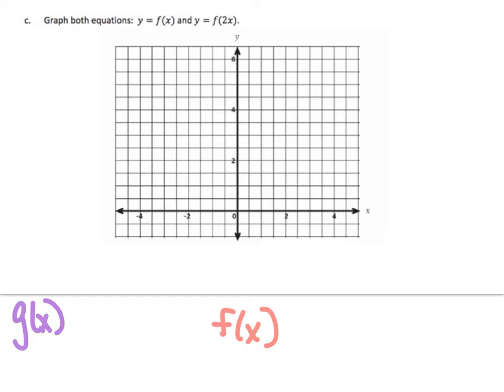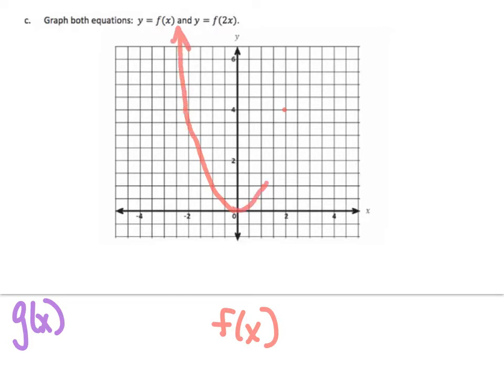I've got negative 3, 9, and great, 9 isn't even on my graph. So let's do negative 2, 4. Negative 1, 1. 0, 0, and then we reflect over, and we see our parabola.